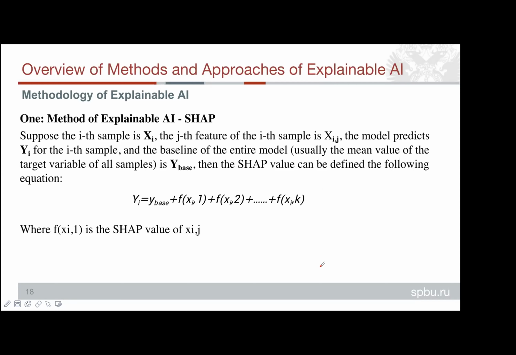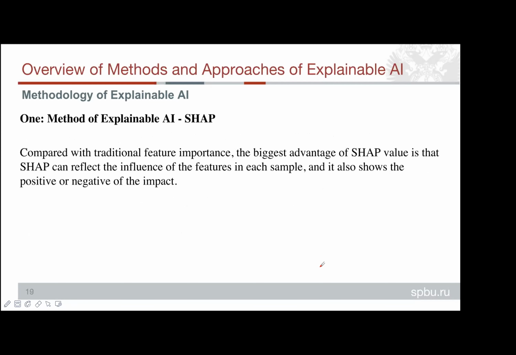Then the SHAP value obeys the following equation. Compared with traditional feature importance, the biggest advantage of the SHAP value is that it can reflect the influence of the features in each sample, and it also shows the positive and negative impact.